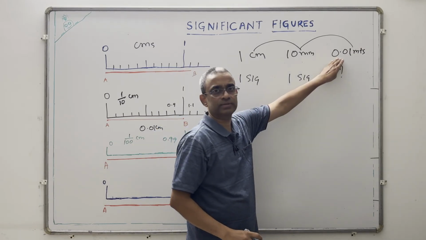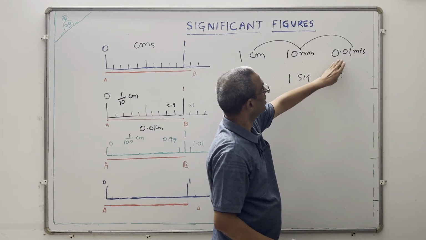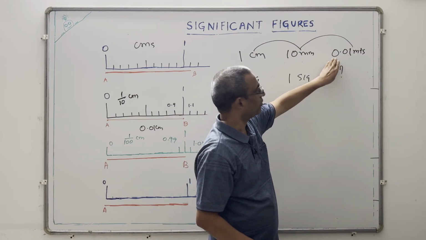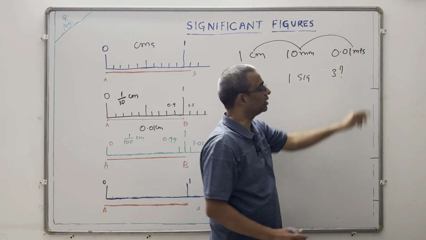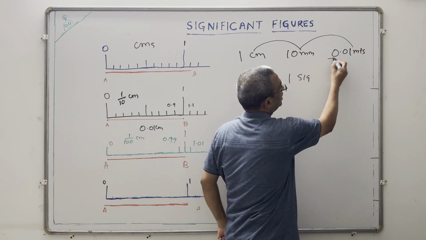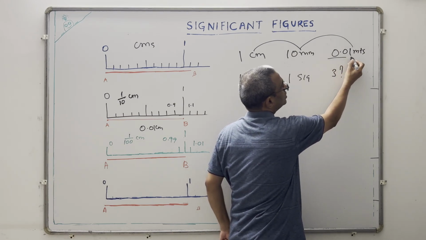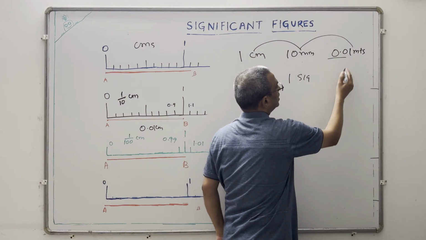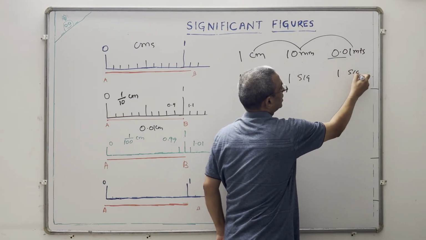Similarly, in this case, they said if the number is less than 1, or it is starting with 0 point something, all the zeros until you hit a non-zero number are not significant. So even here we have one significant number.